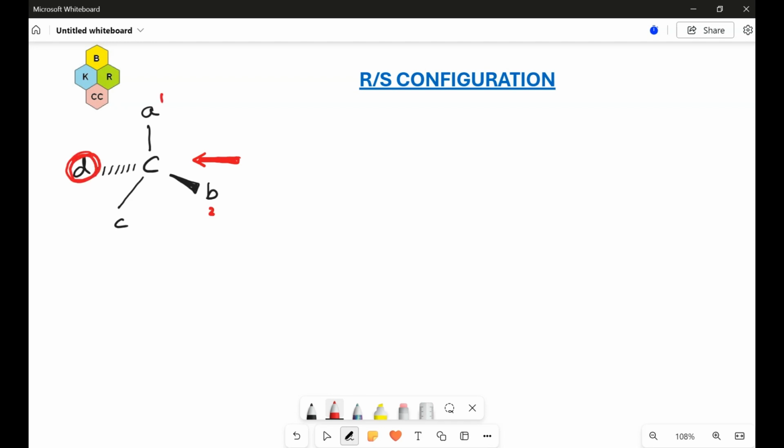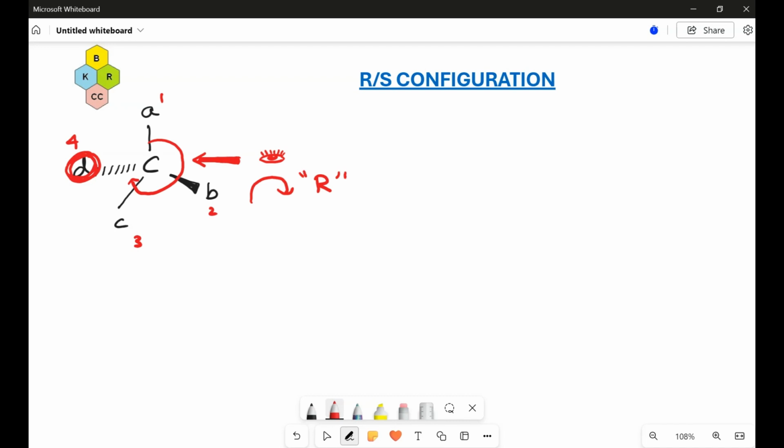So 1, 2, 3, 4. The least priority is away from us, so I should look from here. Suppose I have the eyes here. Don't mind the way I'm drawing the eyes. I'm looking in such a way that the least priority is away from us. Now assign the priority 1, 2, 3. It travels in a clockwise direction. Therefore, it is R.